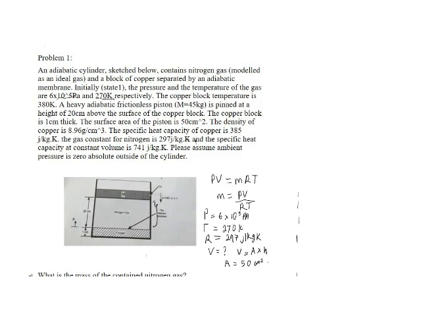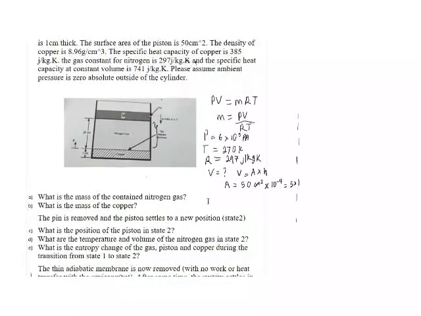Let's convert this to meter. We just go ahead and multiply this by 10 raised to the power of minus 4. This is going to give us 5 times 10 raised to the power of minus 3 meter squared.